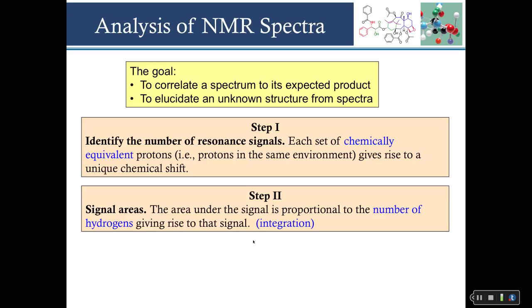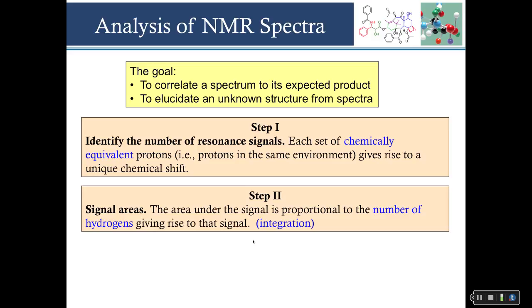This will tell us the relative abundance of each of the different hydrogens. And so we see a lot of 3 to 1, 2 to 1, and 3 to 2 type ratios, because those are some of the most common, for carbon, the number of hydrogens to carbon: 1, 2, or 3. Obviously, if there's 0, they don't show up in the proton NMR.